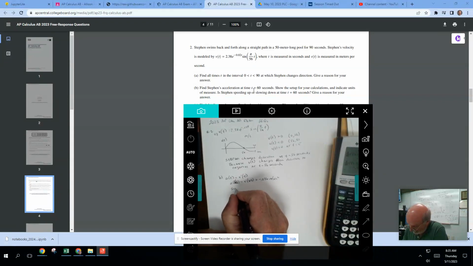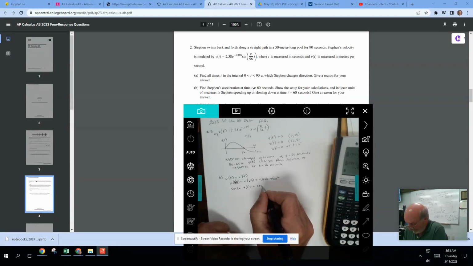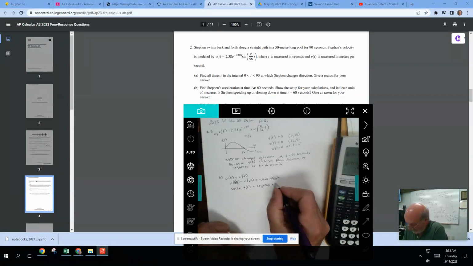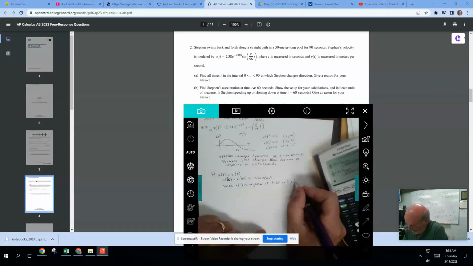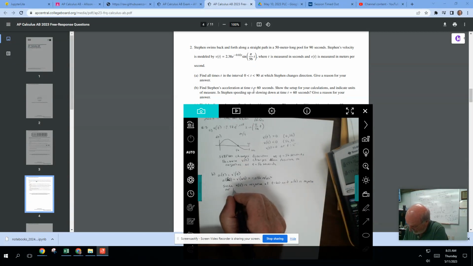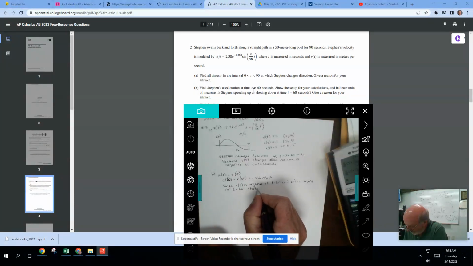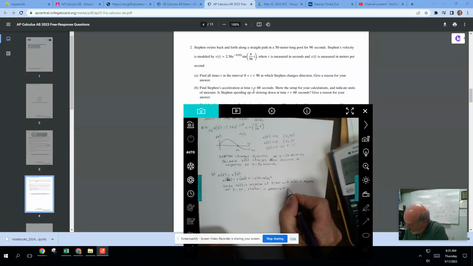Since v of t, the velocity, is negative at t equals 60 seconds, and a of t is negative at t equals 60 seconds, Stephen is speeding up at t equals 60 seconds.